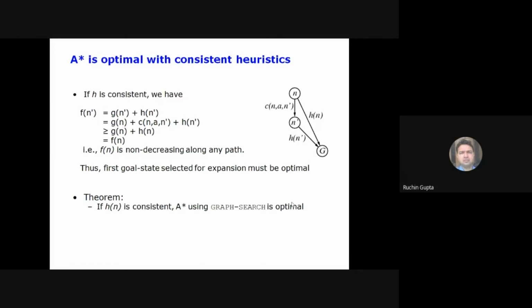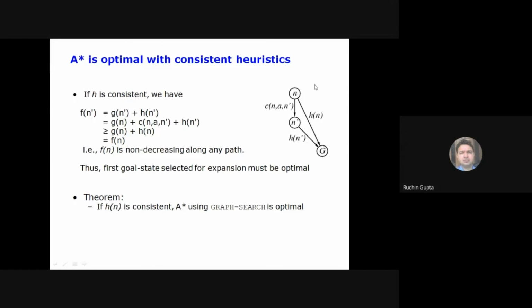So A star algorithm is optimal if the heuristic is consistent. I can see the same thing here. I have a heuristic function h which has the consistency property. So I have a node n, a goal node g, and any other intermediate node n dash.